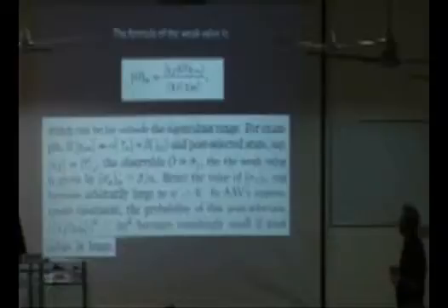Okay. So what is the formula for this weak value? As I told you, the initial state has been chosen, some initial state, an operator has been chosen, and at that last point, that post-selection, some state has to be chosen, chi f. So the weak value is given by this: the expectation value of the operator between the pre-selected and the post-selected state, divided by the overlap of the pre and post.